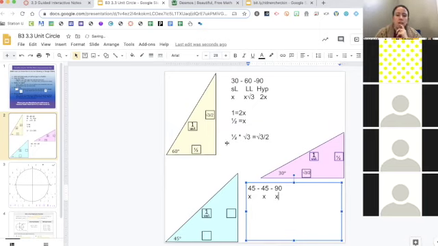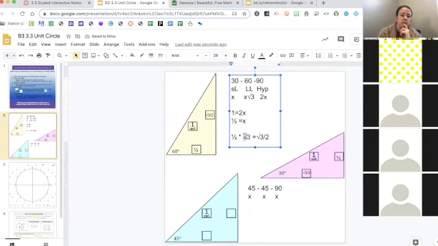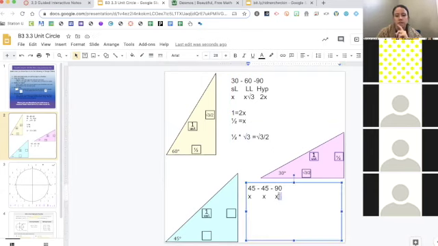For the hypotenuse, it is actually x, so whatever the length of the sides are, times square root of 2. So that means that 1 must equal x square root of 2. Divide by square root of 2 to get x.